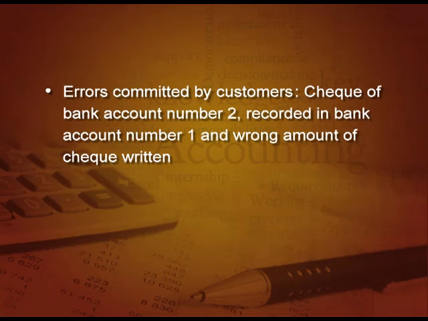The last point, number 3, is errors can be committed by the customers also, like check of bank account number 2 recorded in bank account number 1. Suppose I have two bank accounts in the same bank and I deposit a number 2 account check in number 1 account in my cash book, but when it goes to the bank it will go in the right account.